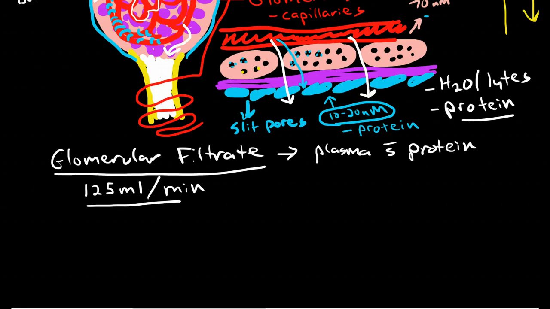Now, let's talk about some flow here. So, what dictates how much glomerular filtration we have? Well, the glomerular filtration rate, GFR, is equal to renal plasma flow times the filtration fraction.